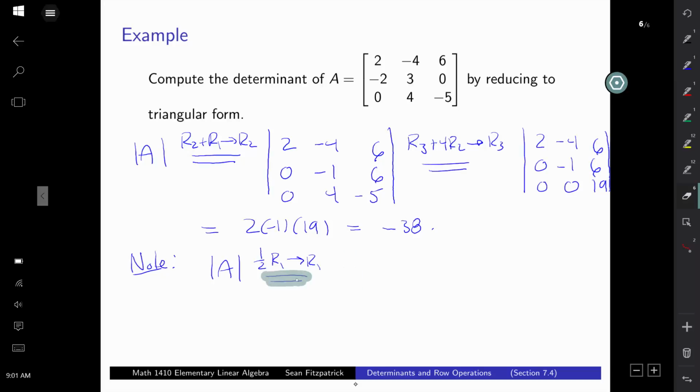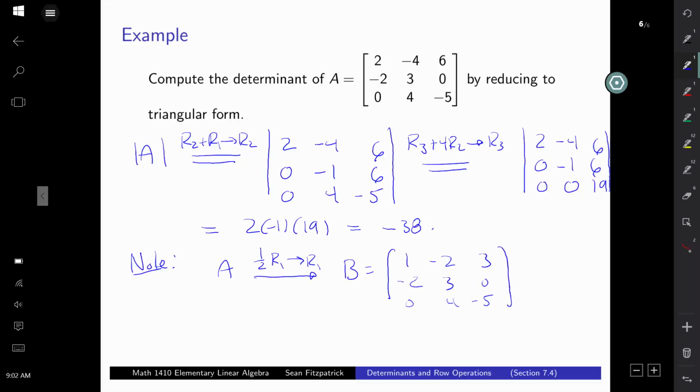So let's think about what this is. I can't quite say 0 yet, so let me just say I'm going to do this row operation. A goes to the matrix B, which is 1, minus 2, 3, minus 2, 3, 0, 0, 4, minus 5.